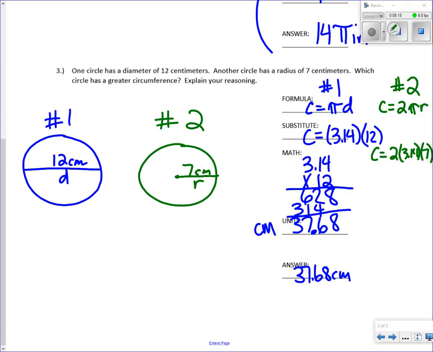Now I'm going to come down here and do my math. I like to multiply the numbers that do not have decimals first. Remember, order of operations, it does not matter what order you go in. So I'm going to do 2 times 7 first, and that's 14. Now I'm going to multiply 3.14 times 14.